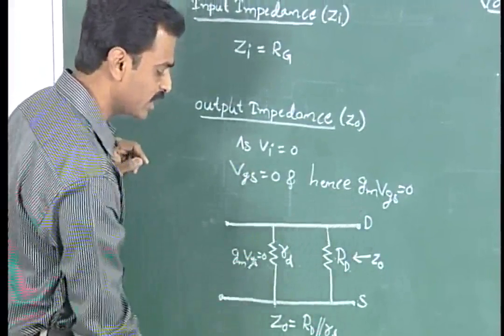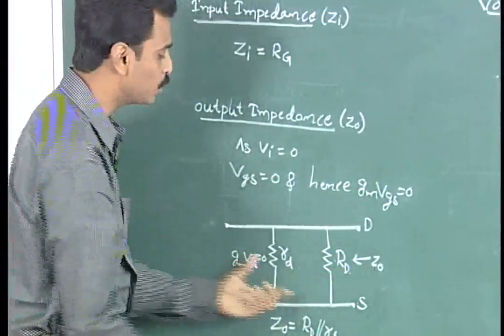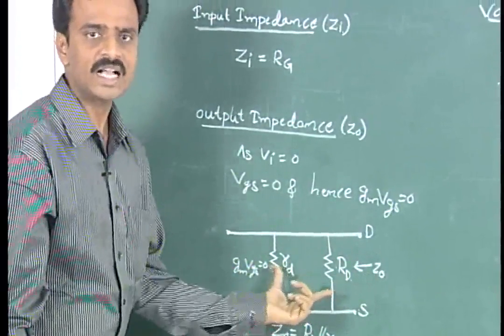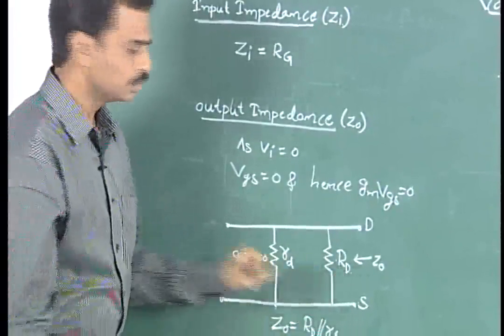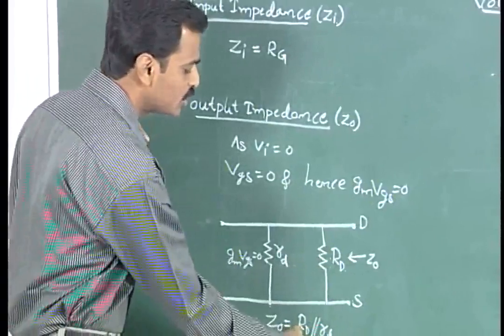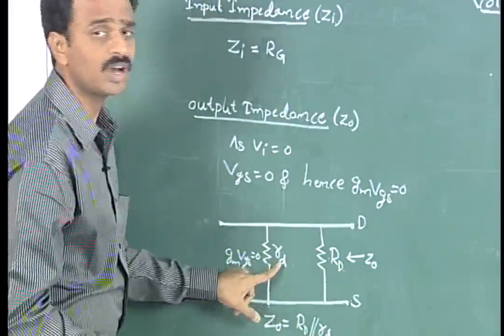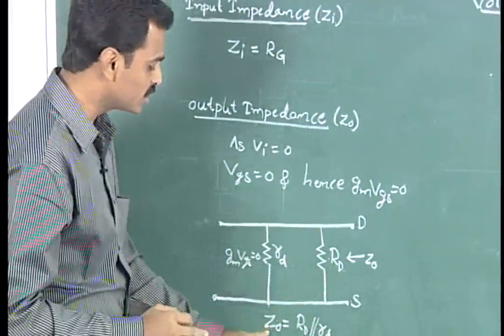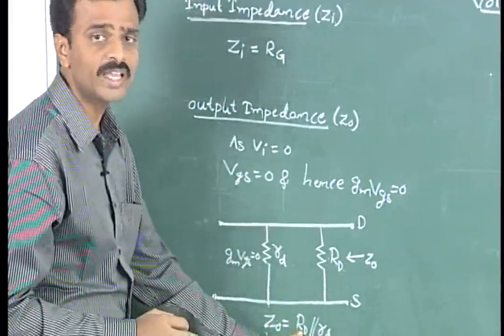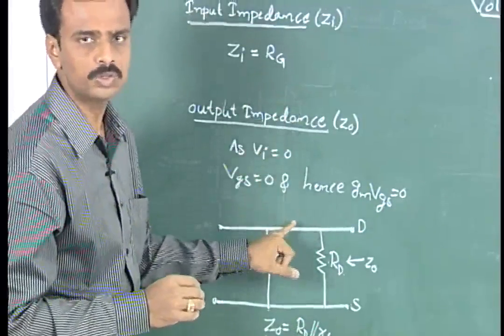So the output impedance can be calculated from these two resistances, RD and this RD, which are parallel with each other. The parallel of these two resistances gives the output impedance. If one RD is very large compared to the other RD, then the output impedance will be equal to only RD. So this is the calculation of input and output impedances.